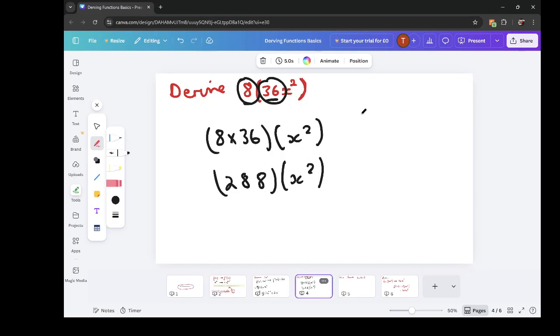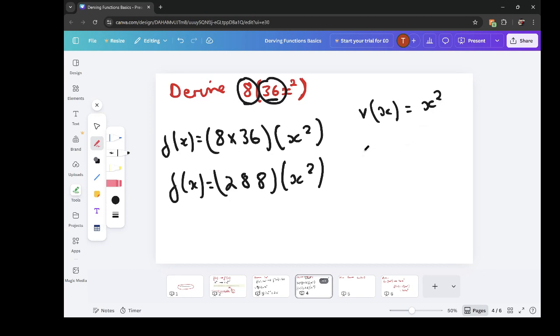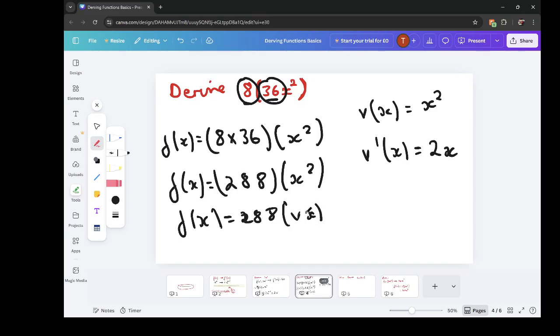Again, we can consider our v of x. Let me write that better. So this is our f of x right now. So our v of x right now is equal to x squared. So our v prime of x would naturally just be 2x again, as we saw from our past equation. So our f of x we're considering as 288 times v of x.